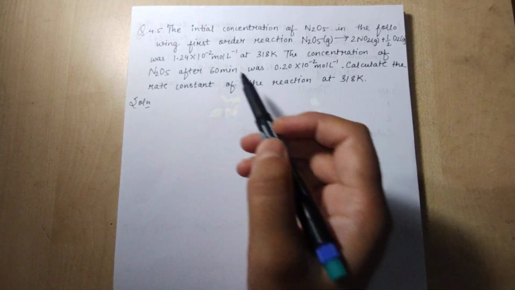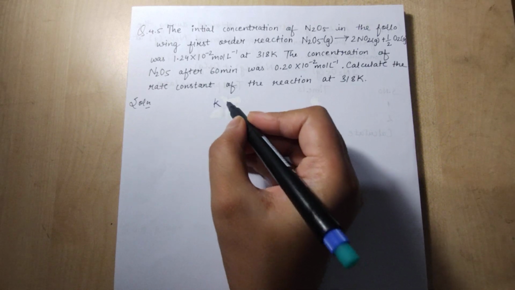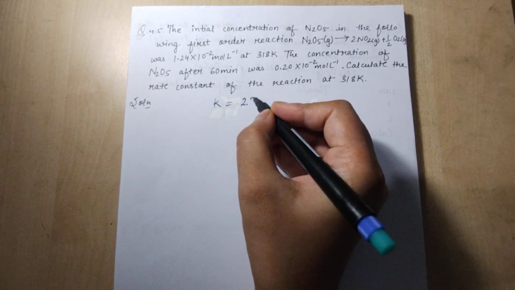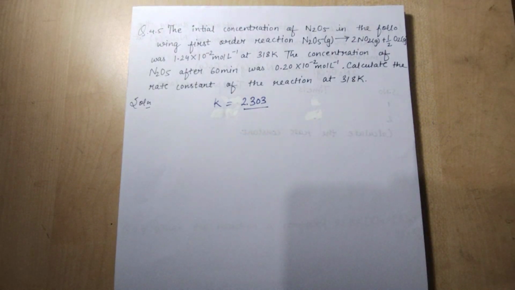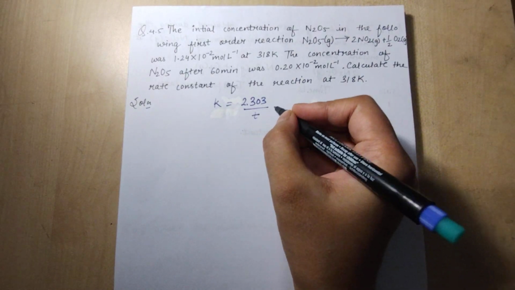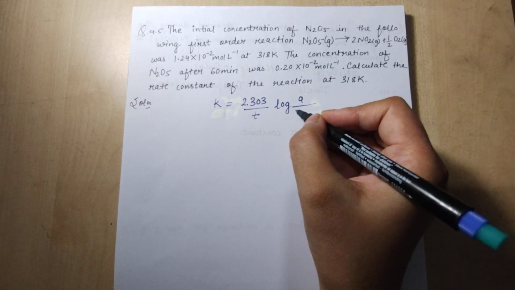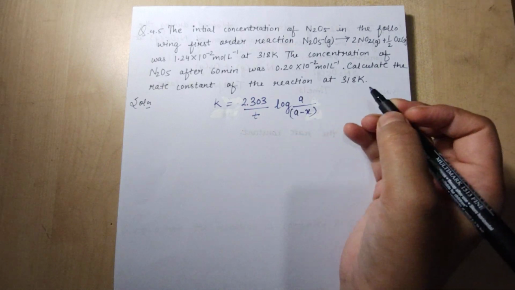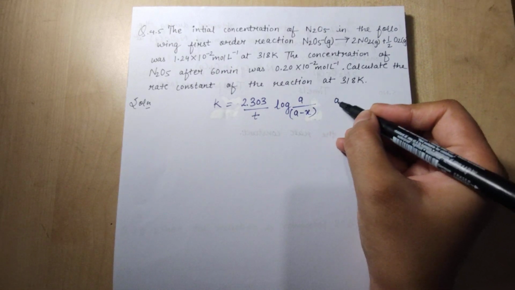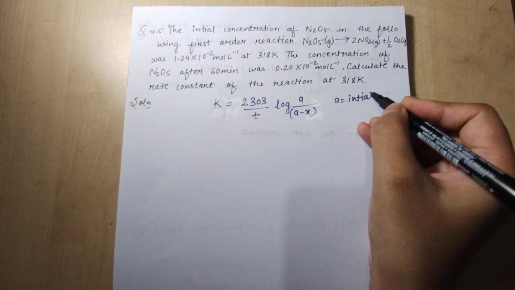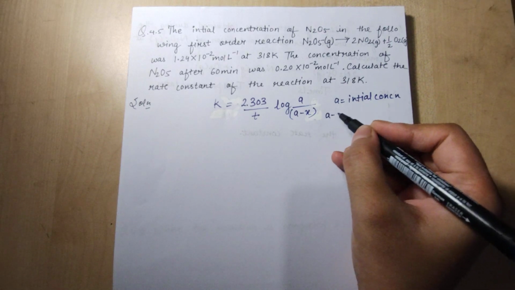So here the formula for a first order reaction is K is equal to 2.303 upon T log A upon A minus X. As we have read, A is the initial concentration and A minus X is the final concentration.